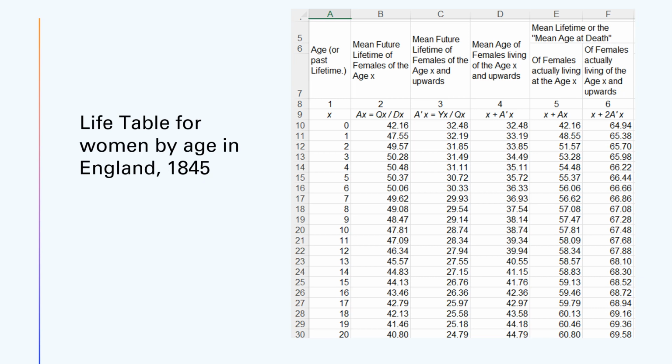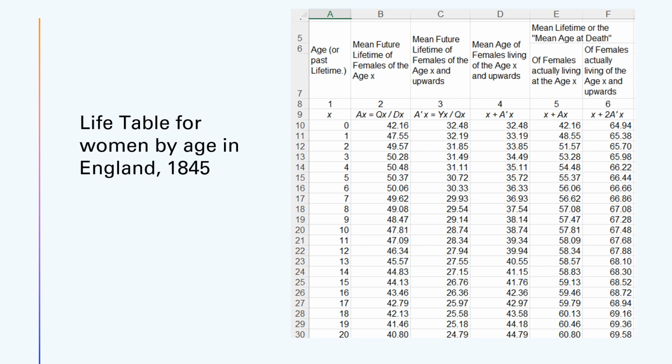Life expectancy was so low because of the risks of dying in the first year of life, and also during childhood. And this is illustrated really well if you look at column E, which is the mean lifetime or the mean age at death of females actually living at each age. So that calculation at birth is the same as the life expectancy.